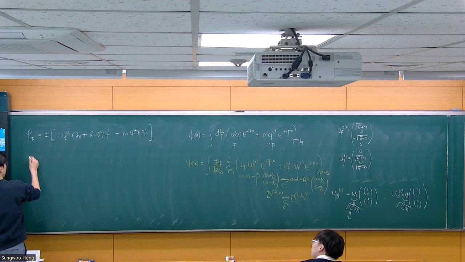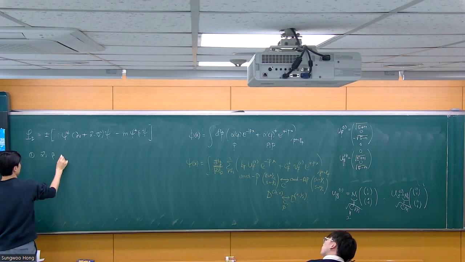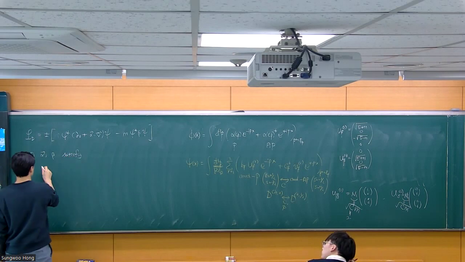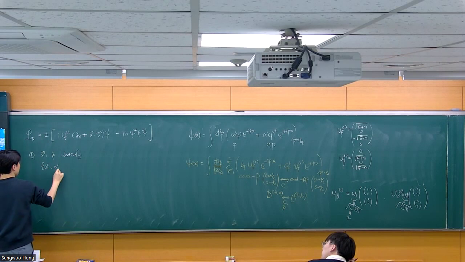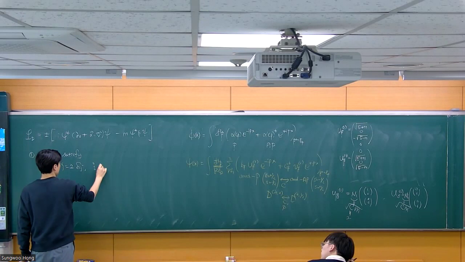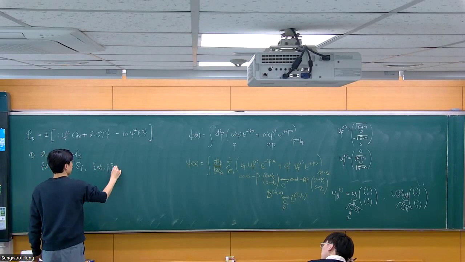Number one, we can check that alpha and beta satisfy the following expressions. Alpha i, alpha j is 2 delta ij, and all alpha anti-commute with beta.